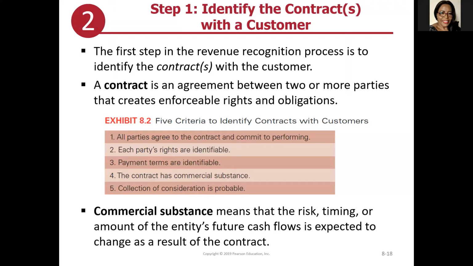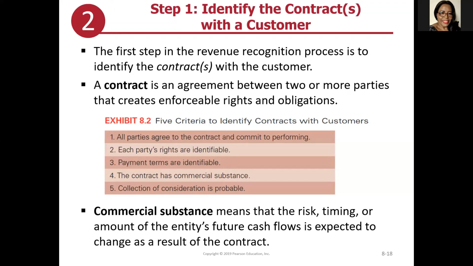And 5, it is probable that the seller will collect the consideration to which it is entitled in exchange for the goods or services. To assess the probability of collection, the seller considers the customer's ability and intention to pay this specific amount of consideration when it is due.